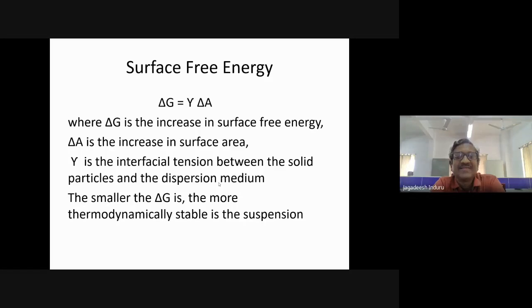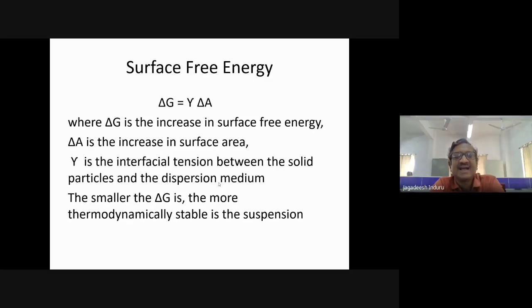So if the interfacial tension between the solid and dispersion medium is more, the surface free energy is more. If the interfacial tension is less, then the surface free energy is less. When the surface free energy is less, the suspension stability is more. So we want to decrease the interfacial tension. Most of the time, interfacial tension is decreased by adding surface active agents, which act at the solid-liquid interface.